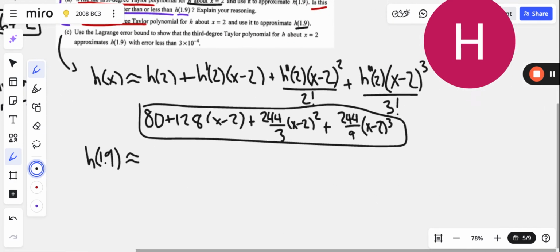So that's a good thing to be able to check with your work. Go ahead and plug that into Desmos if you'd like. Let's see. We're going to have 244 over 9 times 0.1, 0.1, 0.1. So this is negative 0.027 ones forever.